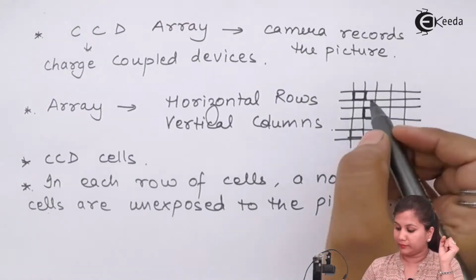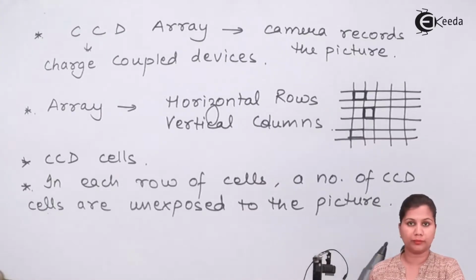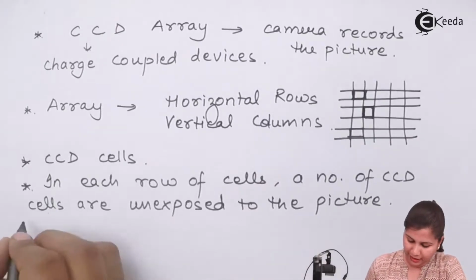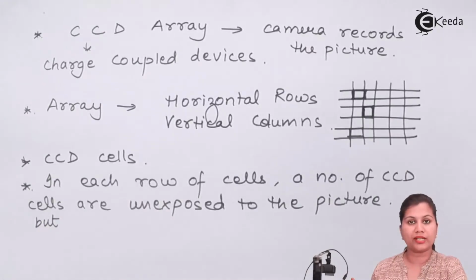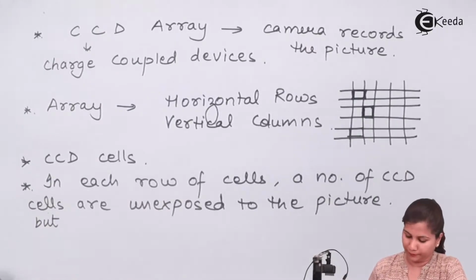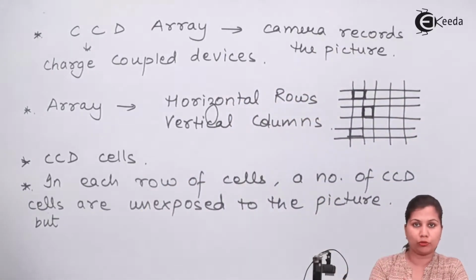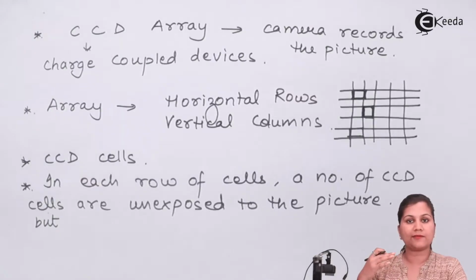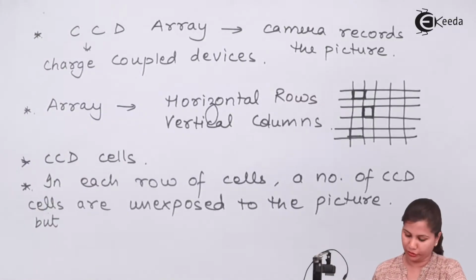In this array, there are some cells which are not exposed to the picture, and these cells are used to set the offset corrections for the picture. So in this complete array, some cells are exposed to the picture, and those cells which are not exposed are used to set the offset for the picture.